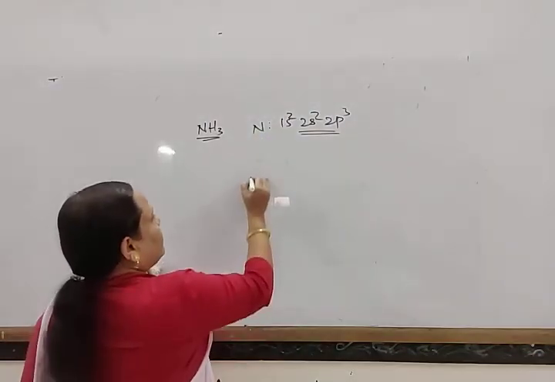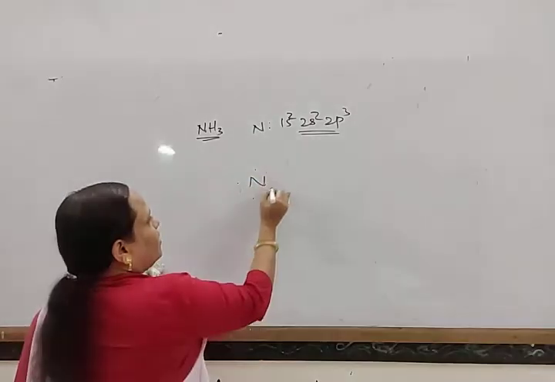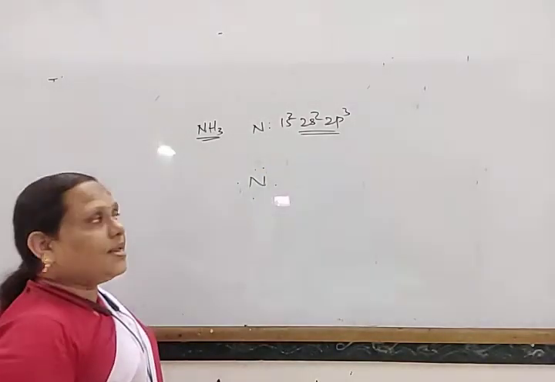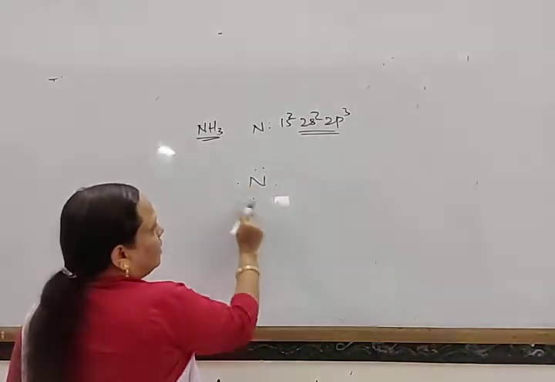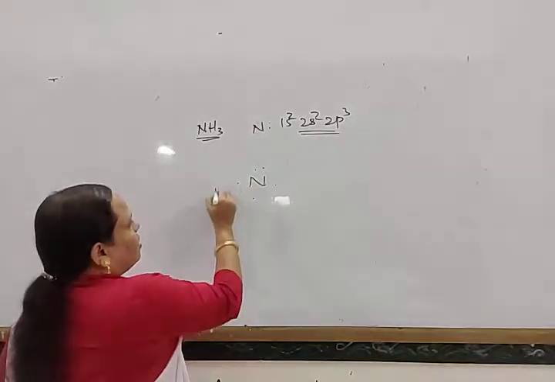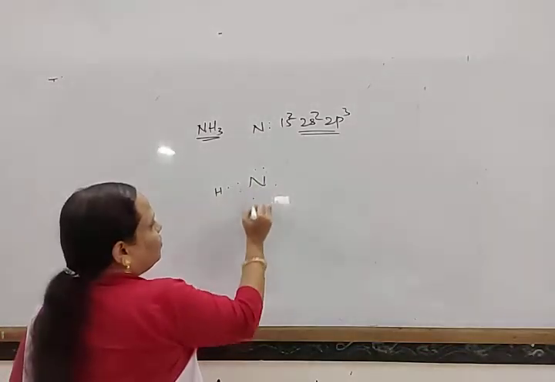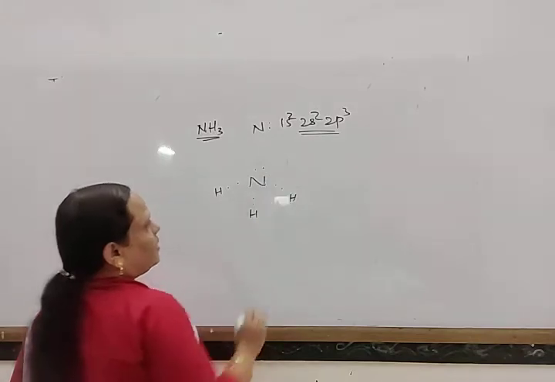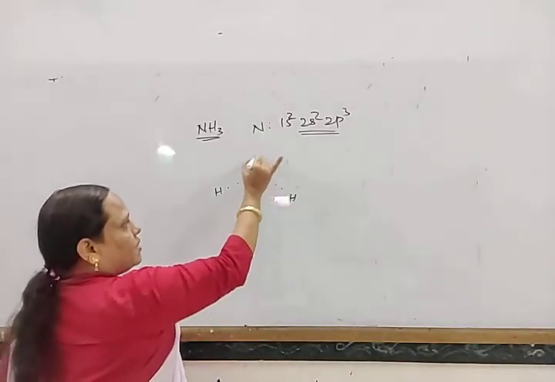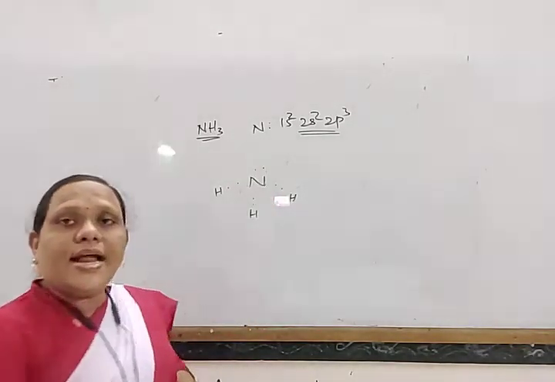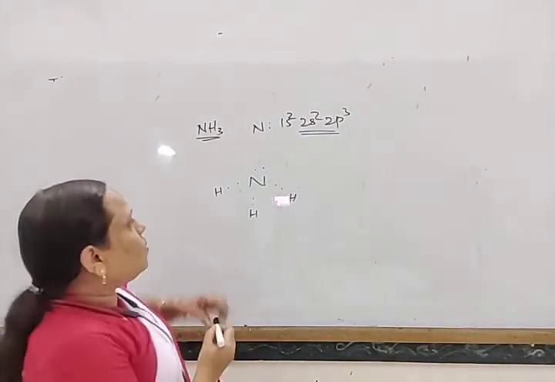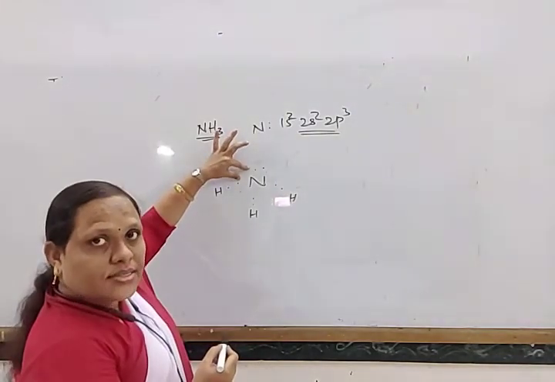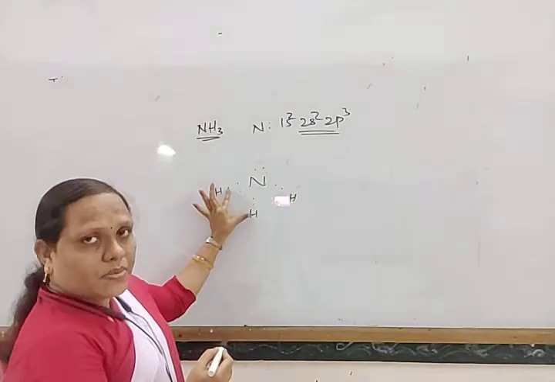So nitrogen has 1, 2, 3, 4, another lone pair, and now the unpaired electrons of the nitrogen atom combine with hydrogen to form these bond pair electrons, and one pair remains as lone pair. And we know that lone pair-bond pair repulsion is greater than bond pair-bond pair repulsion.